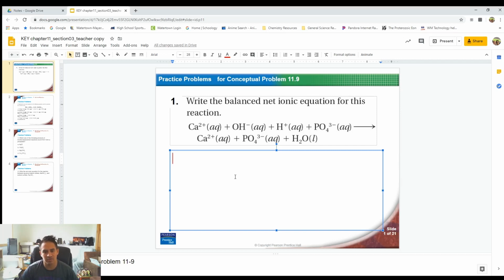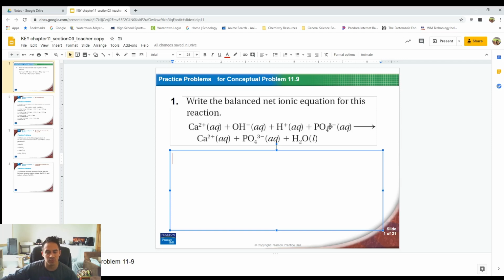Net ionic equation means that we're going to remove any spectator ions. So if you look at number 1, any ions that are exactly the same on both the reactant side and the product side, we need to get rid of. On the reactant side, we have Ca2+, and on the product side, we have Ca2+. So that's a spectator.